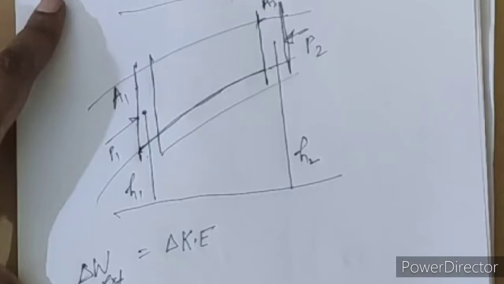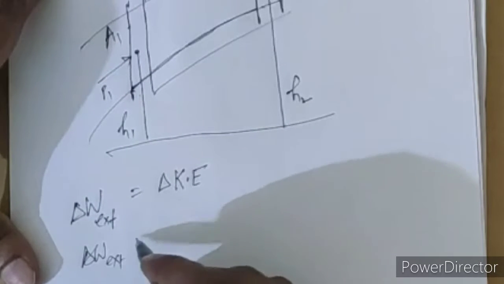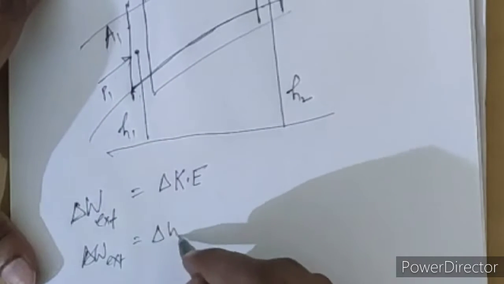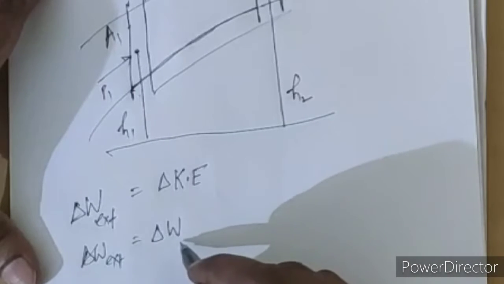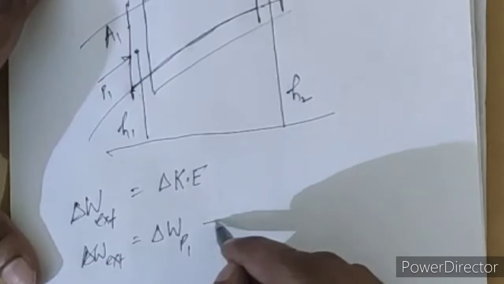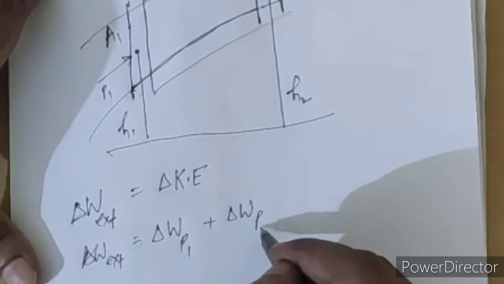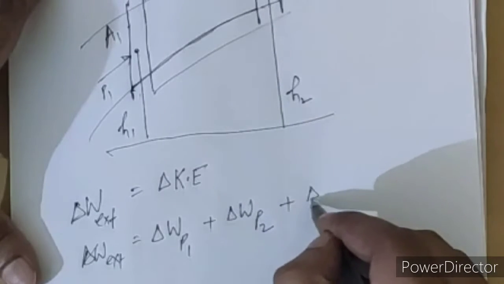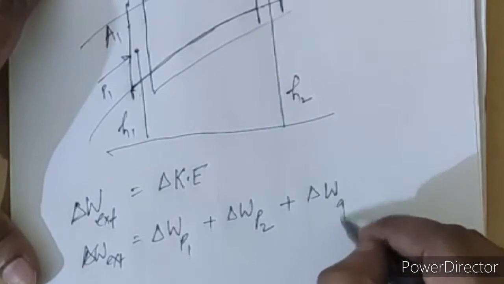So the work done by external forces are two. First work done is by pressures, by pressure 1, by pressure 2, and the work done by the gravity.